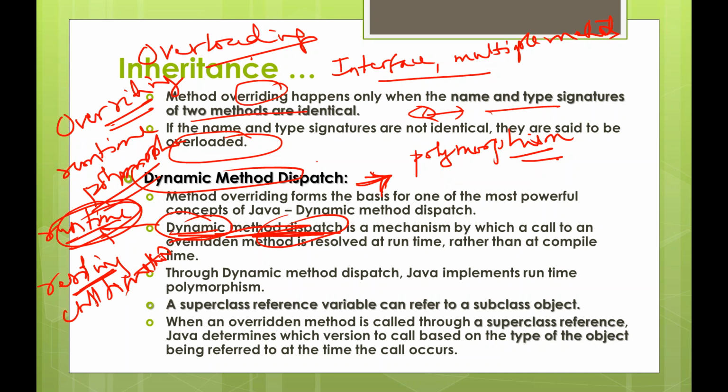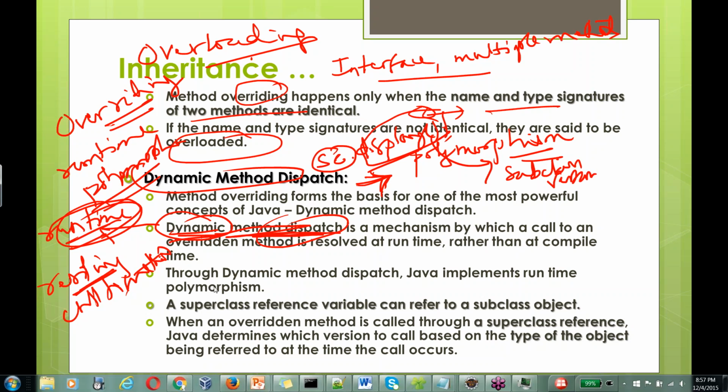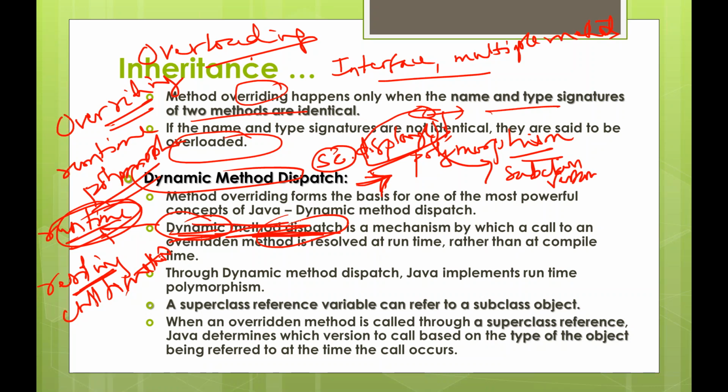You're calling on a subclass, and the display method is overridden, so the version of the method that is called on a subclass object is the subclass version only. So when you call on a subclass, it knows which method to call.